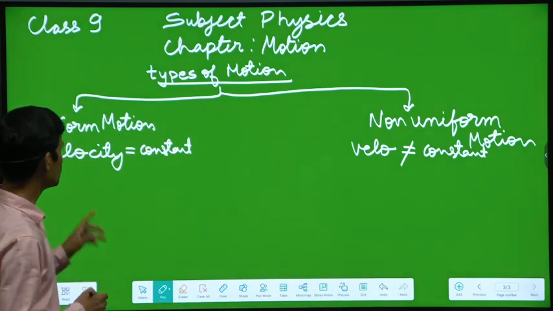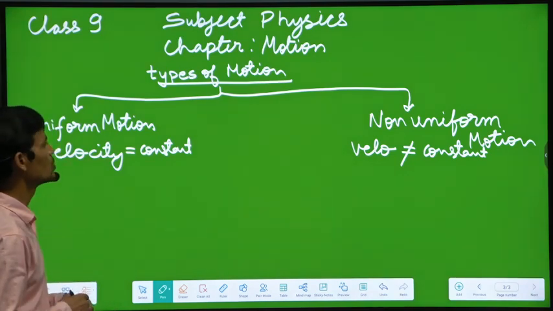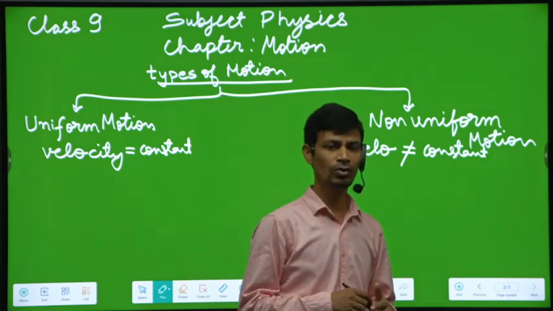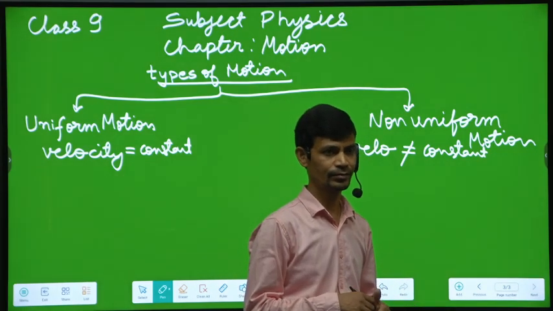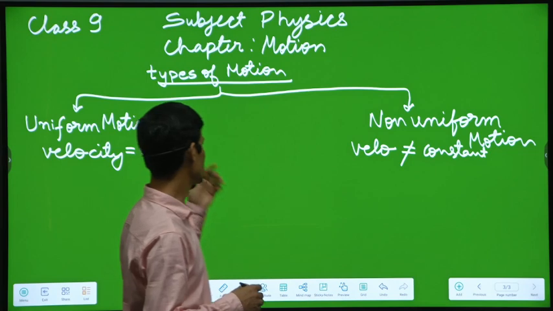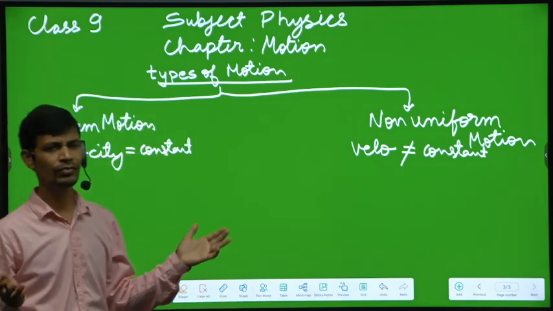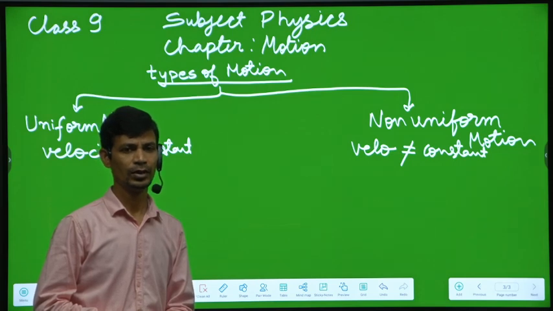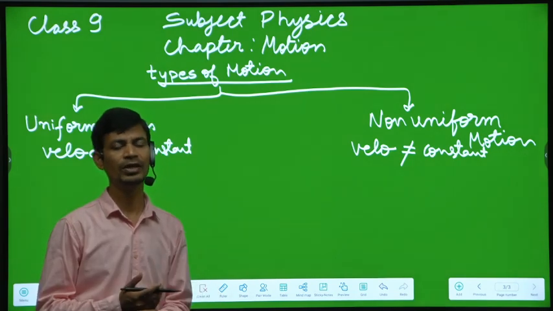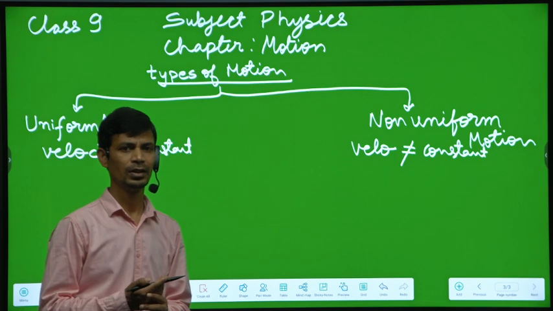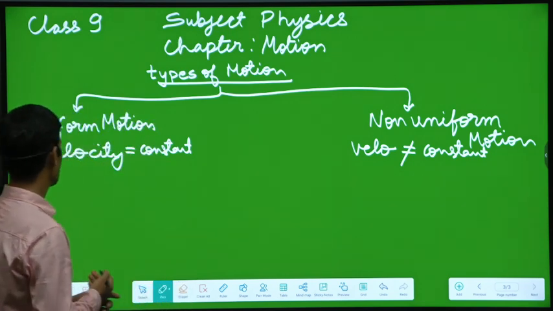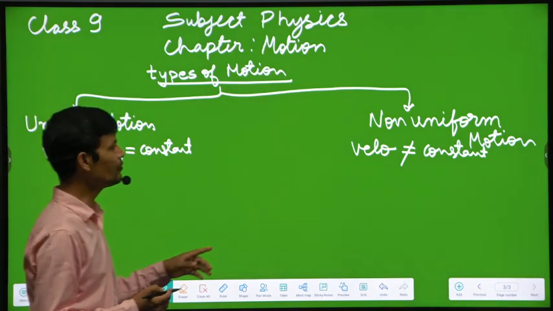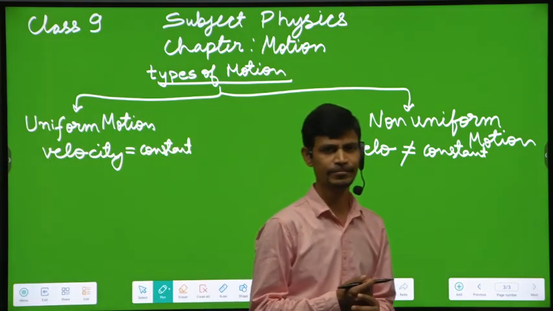So if velocity is constant, then motion is uniform, and if velocity is changing, then motion is non-uniform. Remember that. Actually we have to say speed, but right now we are dealing with a straight line, so magnitude wise, numeric value wise, both are the same. Okay, so what if velocity is changing?